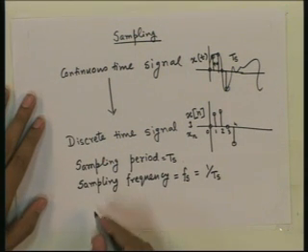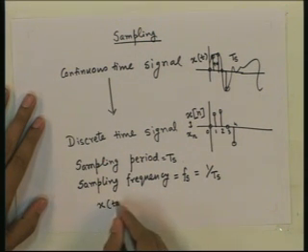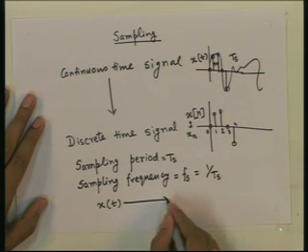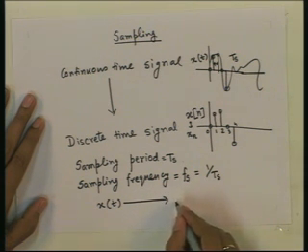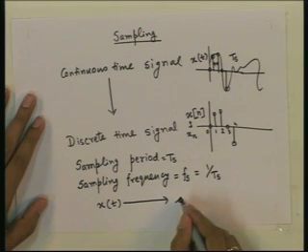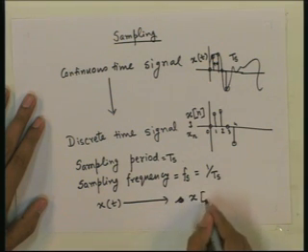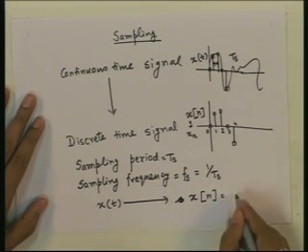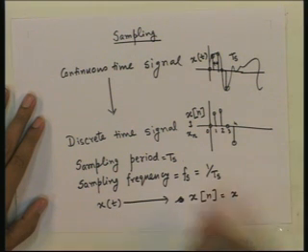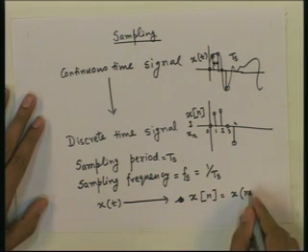So, in other words, if we have a signal x(t), after sampling we have a discrete time signal denoted by x[n], which is nothing but this signal at nT_s.